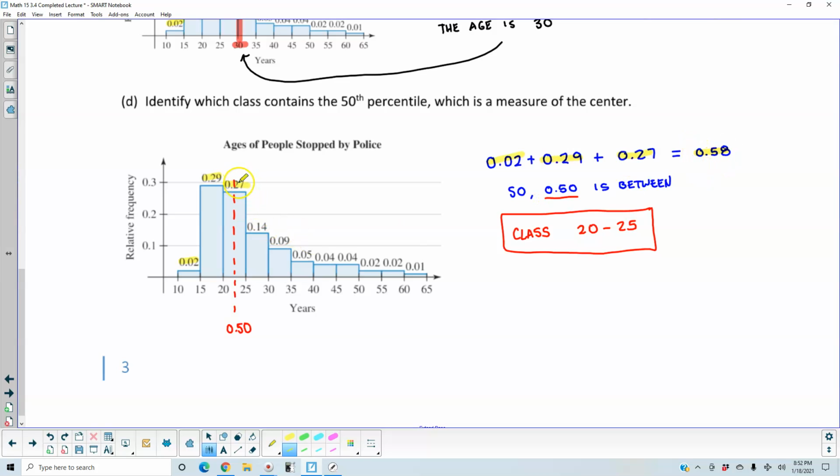So that means once we get to 0.27 at 25, we're over the 50th percentile. But that means that 0.50 is somewhere between 20 and 25. So therefore, the class that contains the 50th percentile would be between 20 and 25.